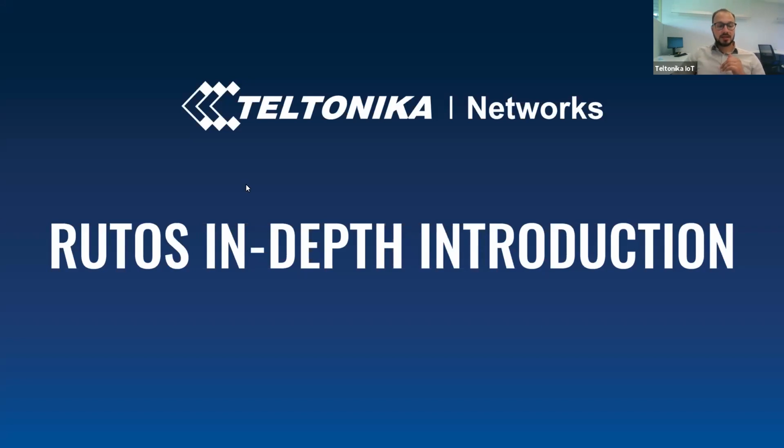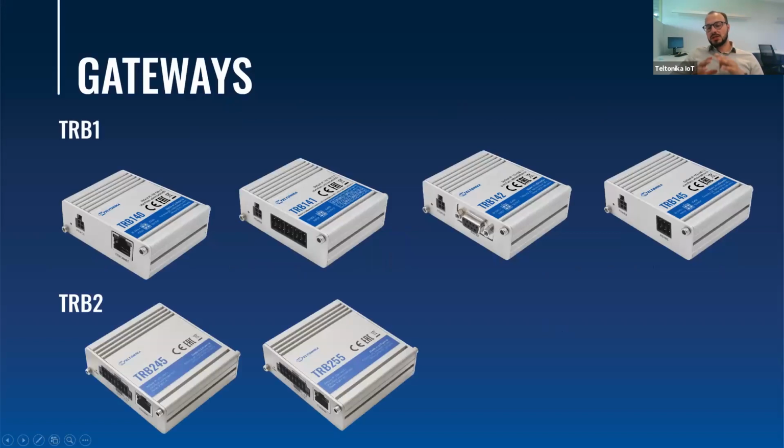So again, let's begin. For those who do not know our product portfolio, we have 2 series of gateways. TRB1 series gateways are equipped with 1 SIM card and different serial ports from RJ45 to RS485, while TRB2 series gateways have 2 SIM cards and a combination of multiple industrial interfaces, such as RS232, RS485, input and output elements, and even RJ45.